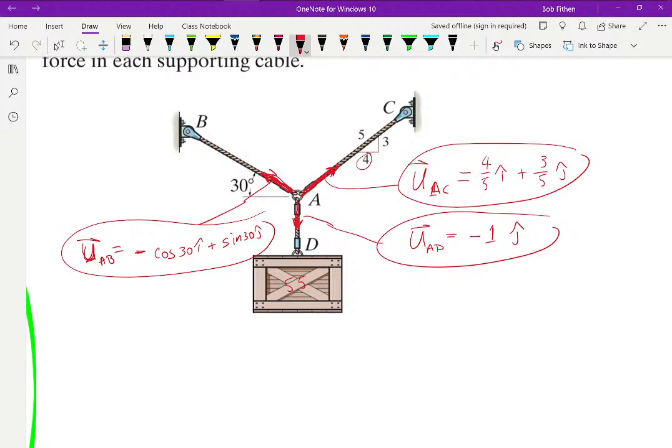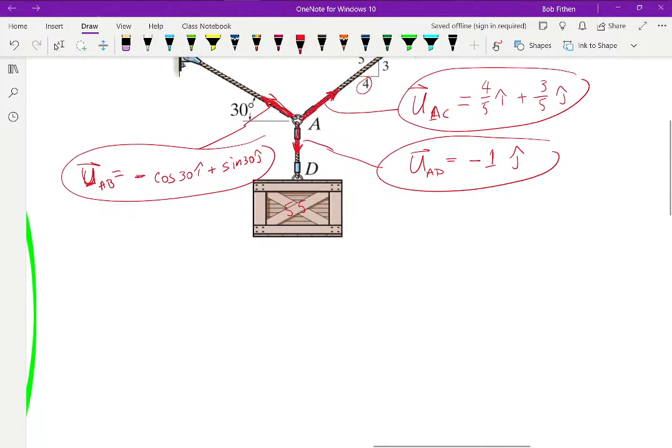And what I'm going to do is immediately write my equation down. And what I need to be able to do is slip in, I'll start with UAC here.